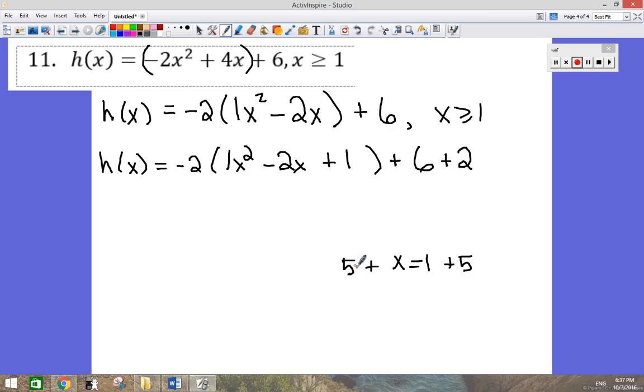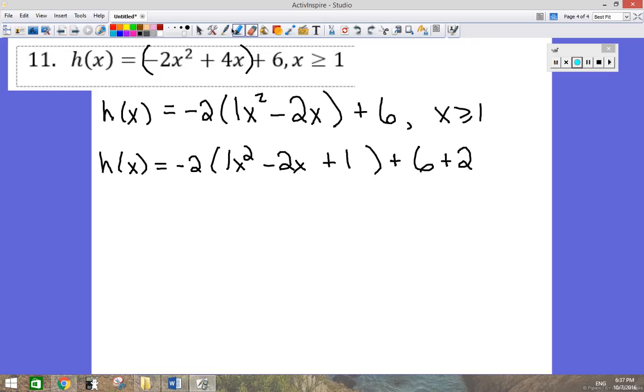Add the same amount to both sides. But if I add some amount to this side and then do the opposite on the same side, turn around and subtract it, that's balancing the equation too, because it cancels. If it's on the same side of the equation with opposite signs, it's going to cancel.